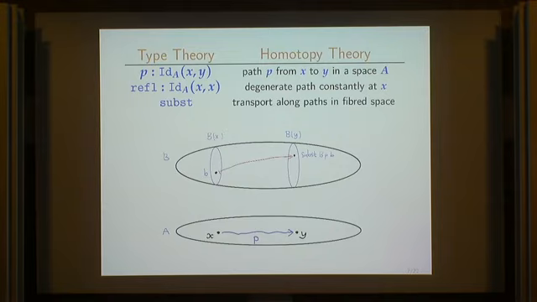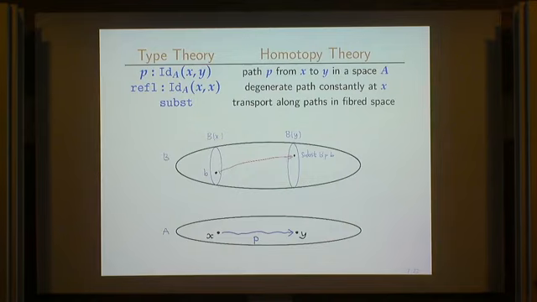So I mean, I've got my space A at the bottom, 2 points in it x and y, I've got a path from x to y, and I've got a fibred space over it. So this ellipse here is the part of the total space that's lying over x, and call it b of x, and this is lying over y, b of y. And on the logic side, we have a substitution function.